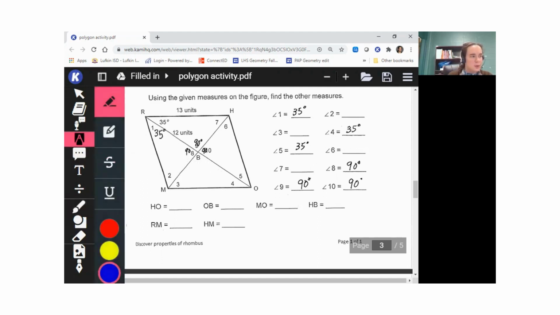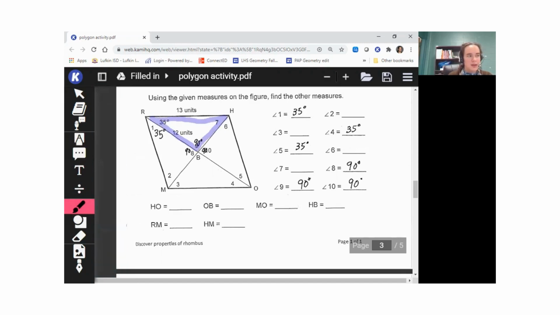And then we have 2 angles in this triangle, and we're looking for that third angle. So we can take 90 plus 35, which is 125, and subtract that from 180. So 125 subtracted from 180, and we get 55 degrees.